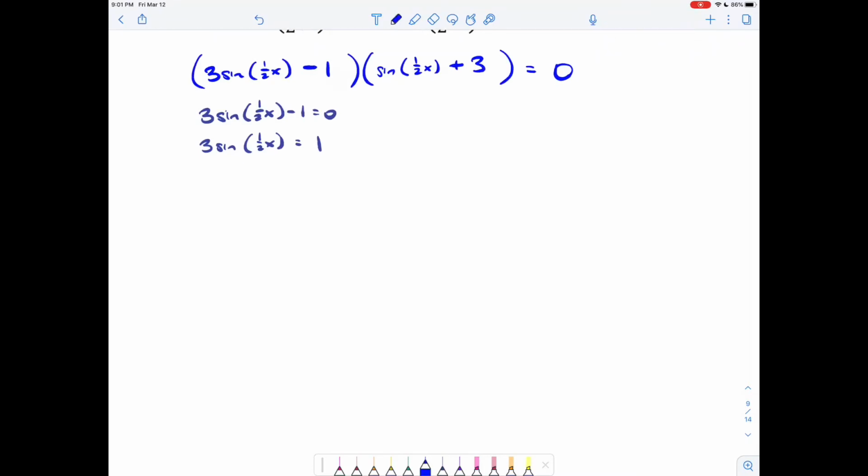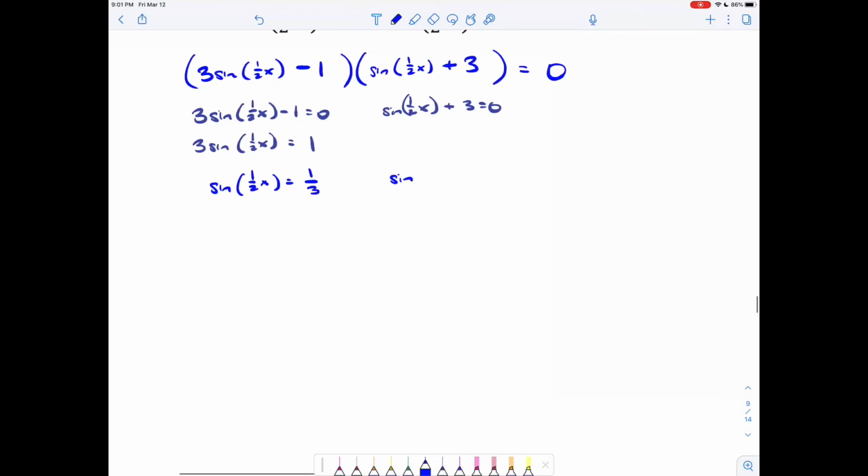What is key is that you can note that sine of half x is 1/3. And similarly, you don't have to write down that sine of half x plus 3 equals 0. You do have to state at some point that sine of half x is negative 3. So those are our two options there.